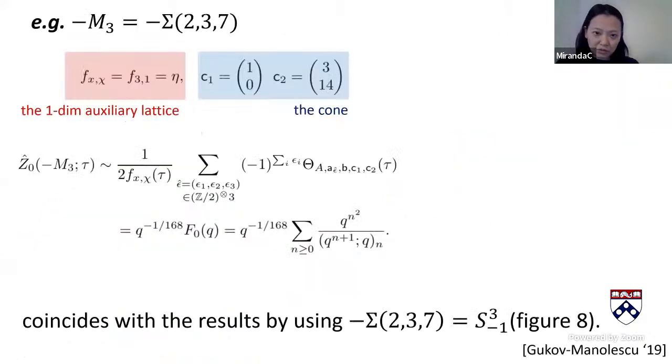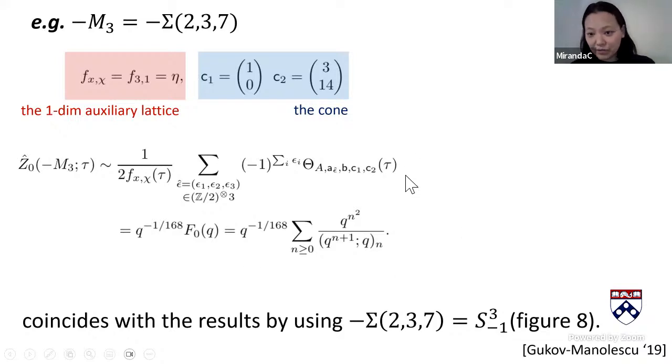Okay, so let's do that, and let's go back to our favorite example. This is our choice of one-dimensional auxiliary lattice that's positive definite, and this is our choice of the cone. Then you just put the definitions together and you get a Q series in this way.